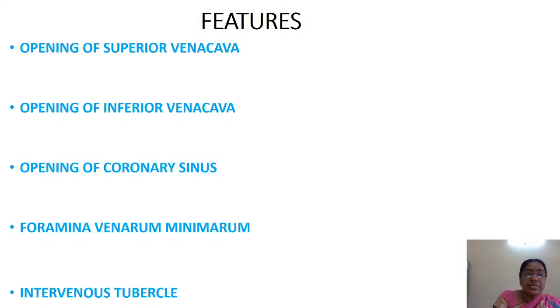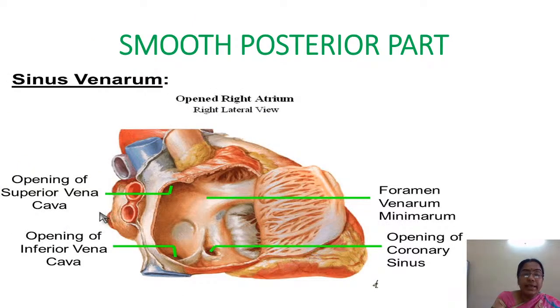Do remember that all the openings in the smooth posterior part are openings of veins: the superior vena cava, inferior vena cava, coronary sinus and venae cordis minimae all open into the smooth posterior part of the right atrium.